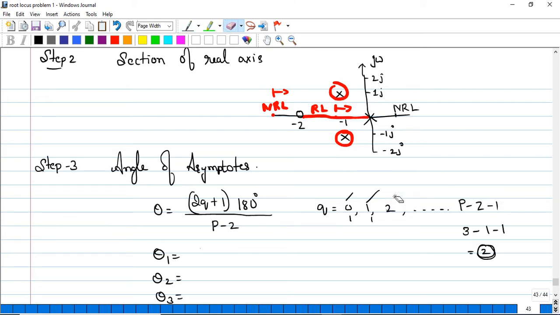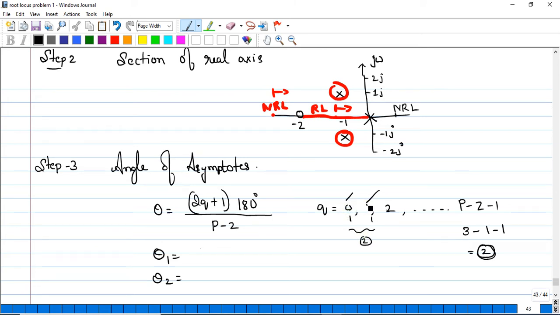Let me change that. Okay, very simple. We shall consider till the number. So the total number of q values is 2, that is 1 and 2.